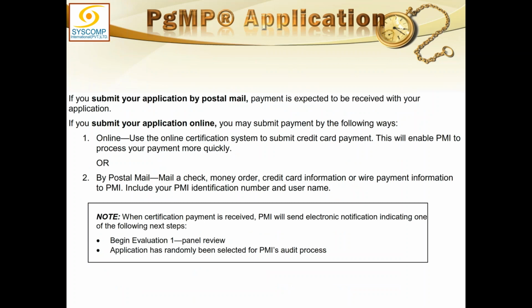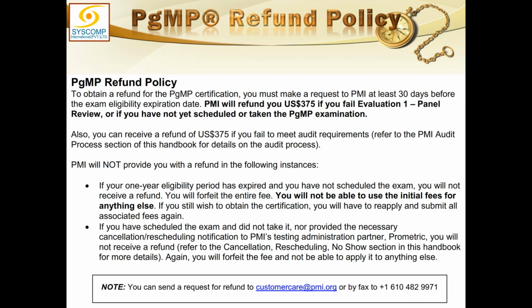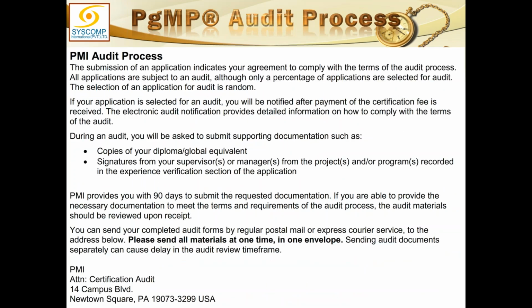So you will receive an audit definitely, and after you have sent back the document, they will ask you to make the payment. And once you have made the payment, only then your review starts. 4 weeks for your panel review, and whenever it is done, then you will be given 1 year to appear in the exam, and then it is how you select your date.